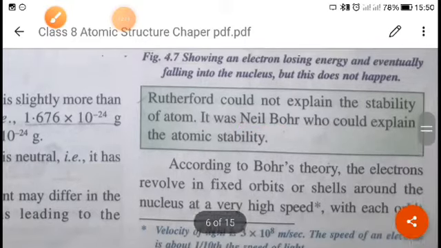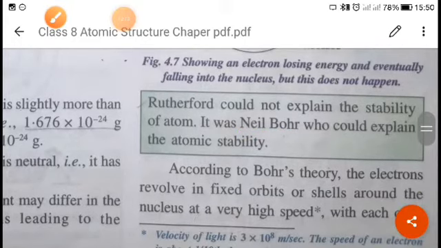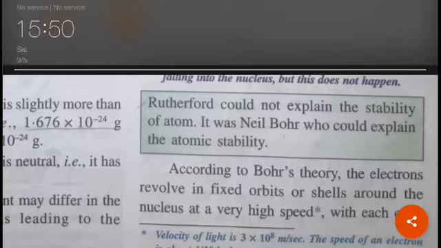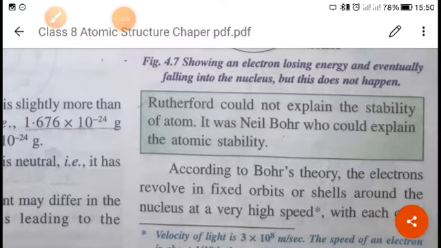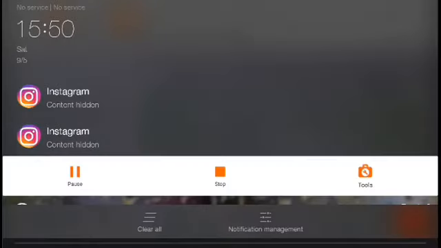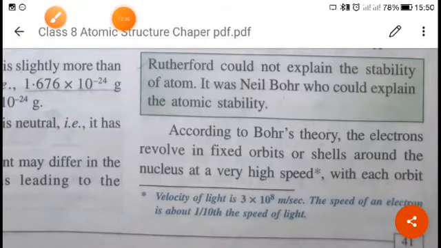Why are the electrons not colliding with the nucleus? Neil Bohr has explained this. This is called the Neil Bohr atomic model, or the Bohr atomic model.